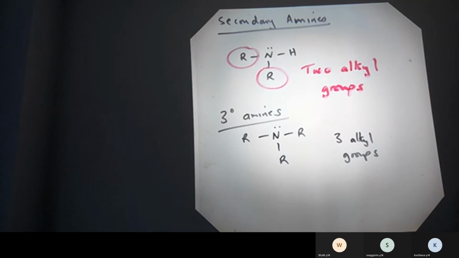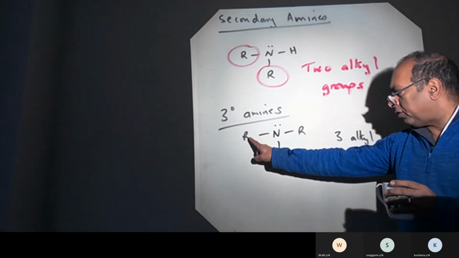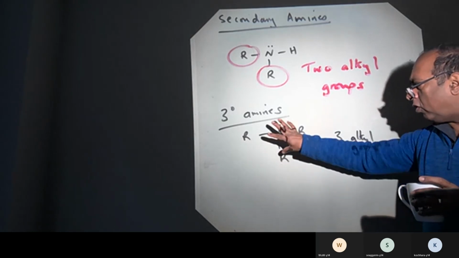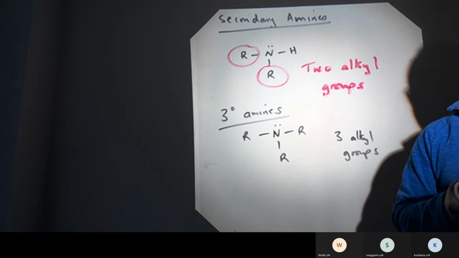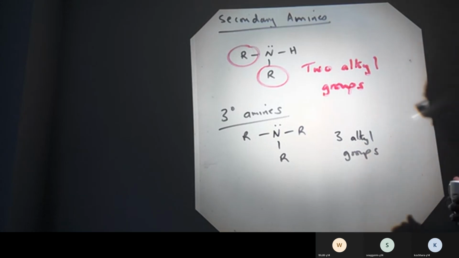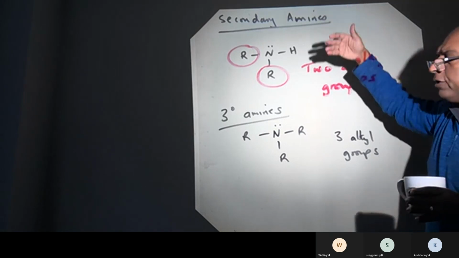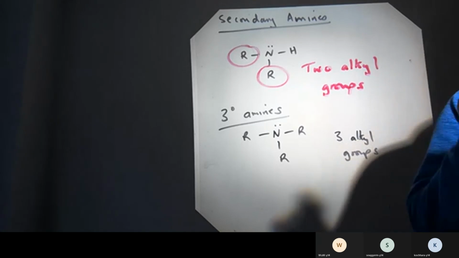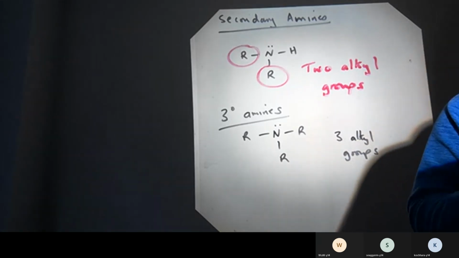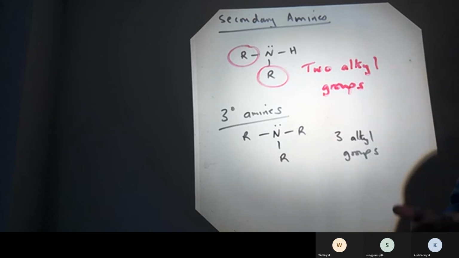Same discussion again, all about positive inductive effects, but you've got three alkyl groups, all pushing electrons towards the nitrogen. The electron density around the nitrogen will then be even more than with the primary, and consequently the tertiary amines are better bases than secondary, which are better bases than primary, which are better bases than ammonia.